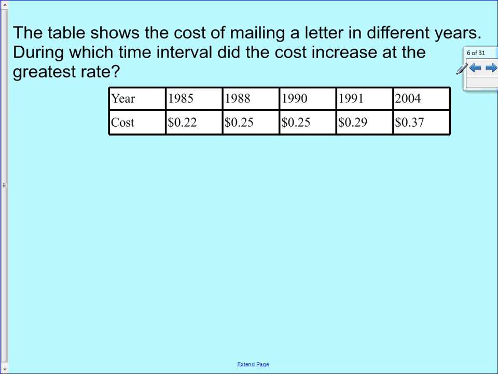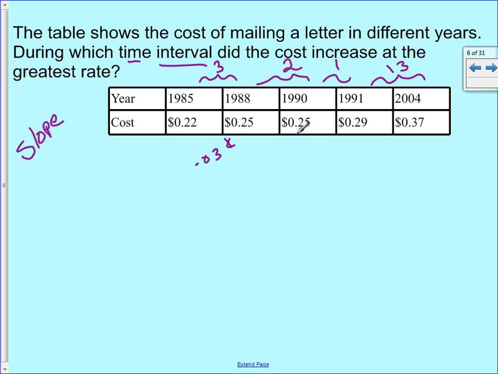Okay, you guys ready? The table shows the cost of mailing a letter in different years. During which time interval did the cost increase at the greatest rate? We're looking at slope. What is the greatest slope between these different time intervals? I know this increased by 3 years, this increased by 2 years, 1 year, and this increased by 13 years. Between my 3 years, my cost increased by how much per year from here to here? 3 cents, right?